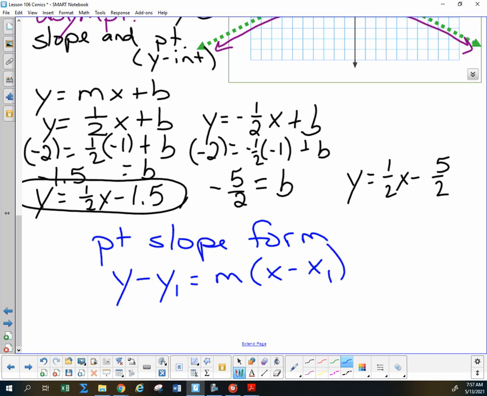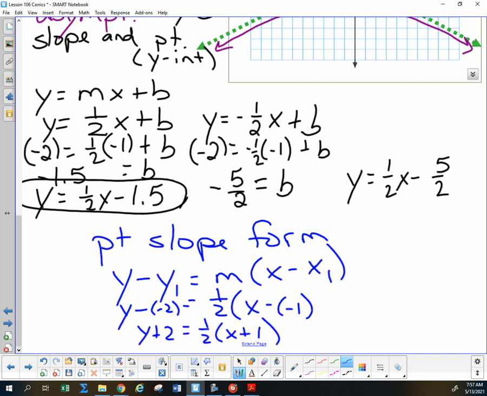So we could do 1/2 times x minus, what was it again, -1, and y minus the -2, so that we'd have y plus 2 is 1/2 x plus 1.